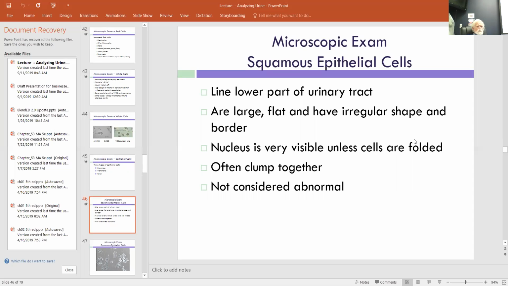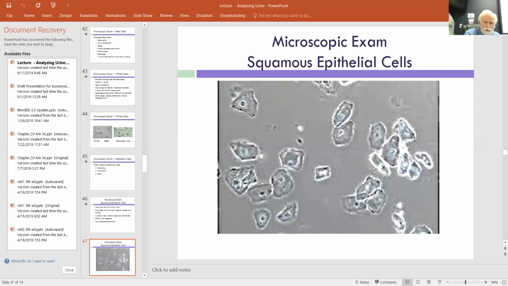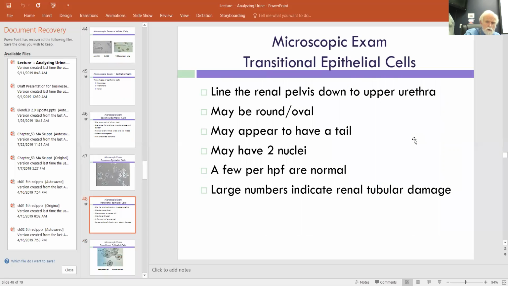And this is not unusual. We shed cells all the time. All of our cells are shed all the time. So we're not terribly worried about the squamous cells. And here's an example. Note that they're irregularly shaped, and most of them have a dark spot, an obvious nucleus in there.